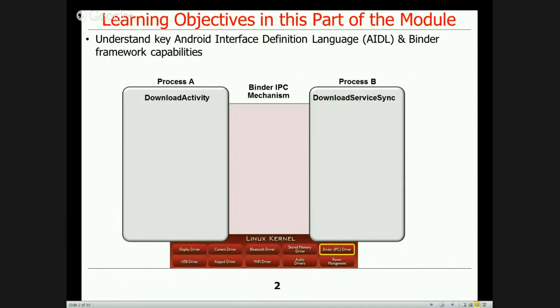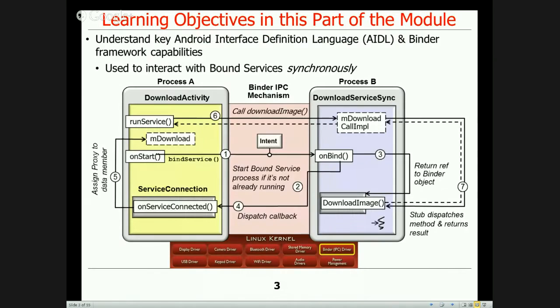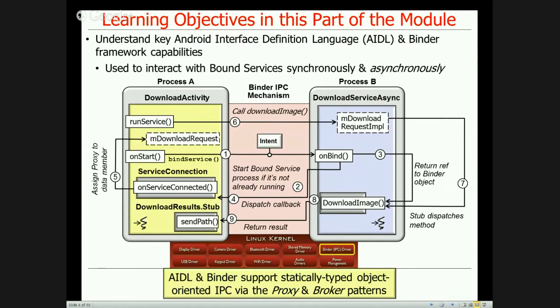We're going to talk about some of the key capabilities provided by these frameworks using the bound download application as a running example. And we're going to show some more details about how you could interact with bound services both synchronously and asynchronously. And as you hopefully know by now, AIDL and Binder support statically typed object-oriented inter-process communication via the proxy and broker patterns. We'll talk about those patterns probably starting next week.